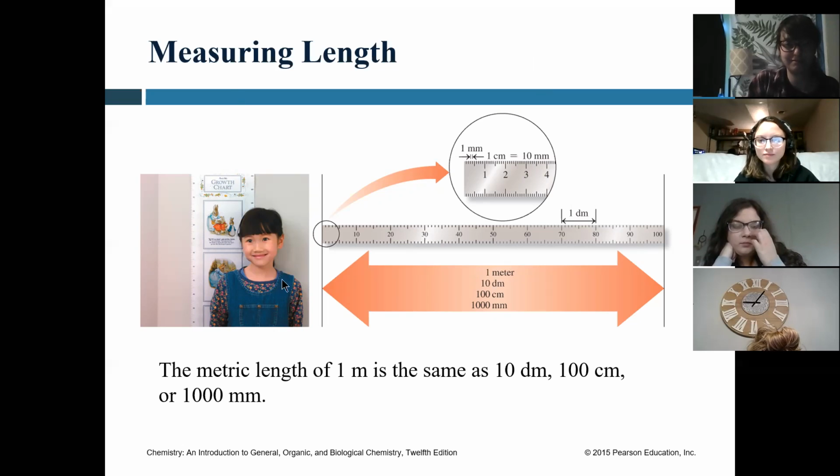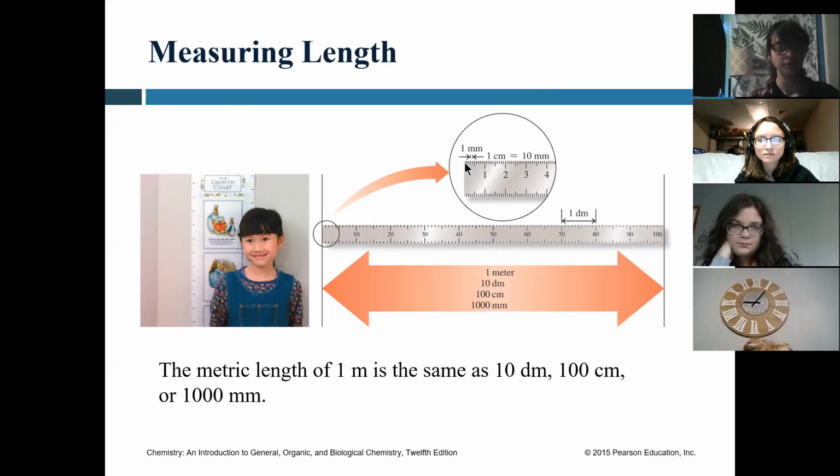All right, so measuring length, we're going to use meter. 1 meter is the same as 10 decimeters, right? These bigger tick marks are the tens. Cut it up into 10 slices. It's also equivalent to 100 centimeters. So the smaller ticks, I could cut those up into 100, or 1,000 millimeters.